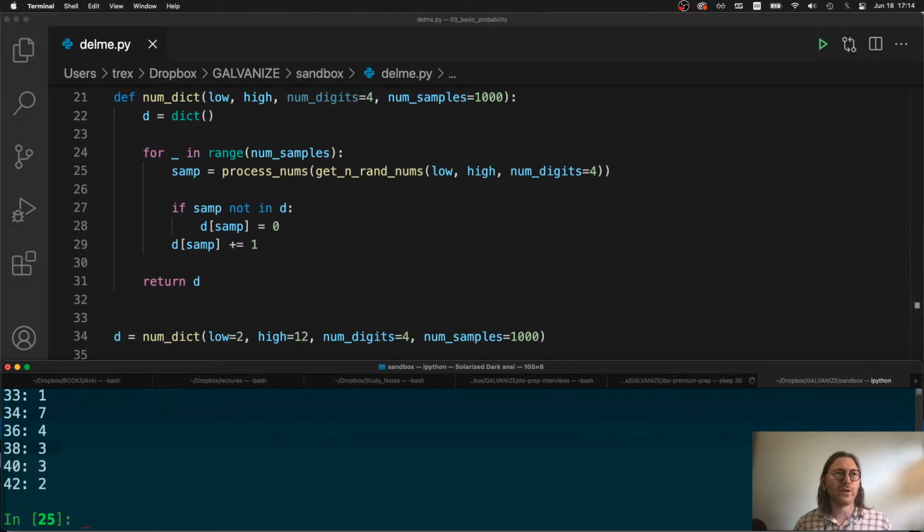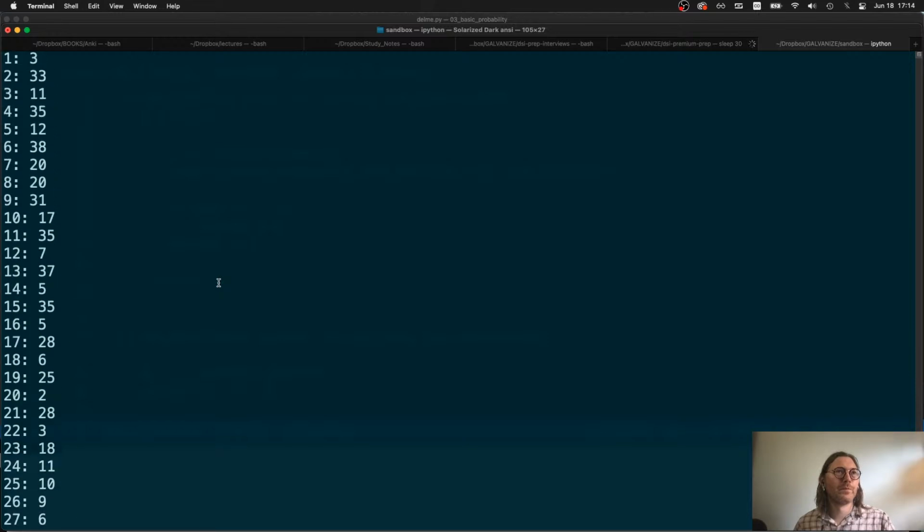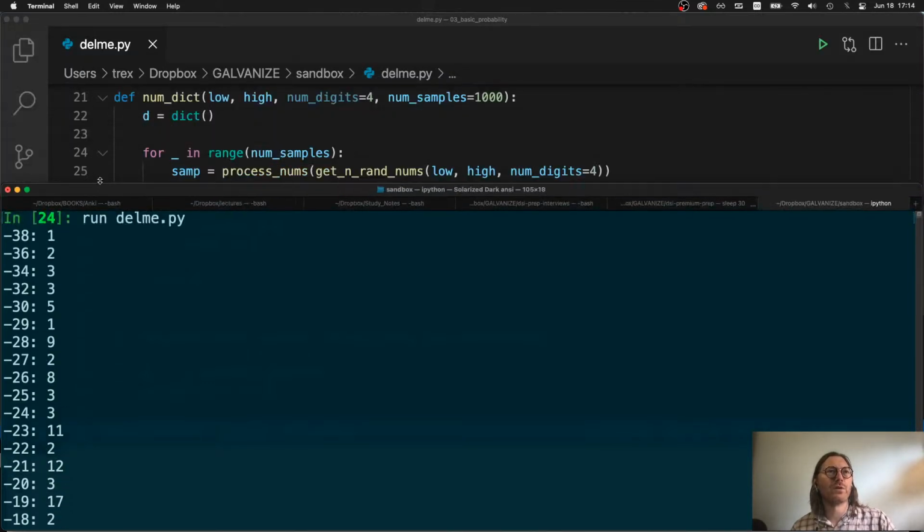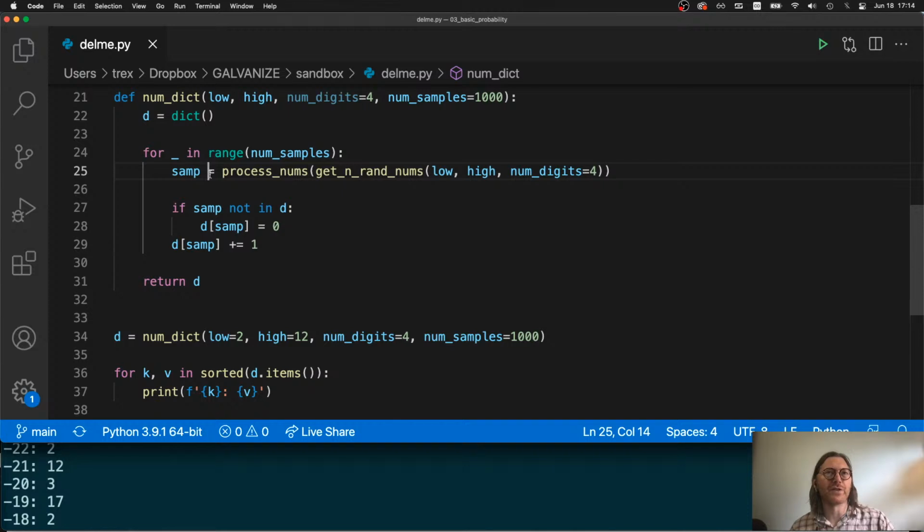So let's take a look at this. It might be a little tricky to really describe this offhand, honestly. Let's change this to 2 digits.